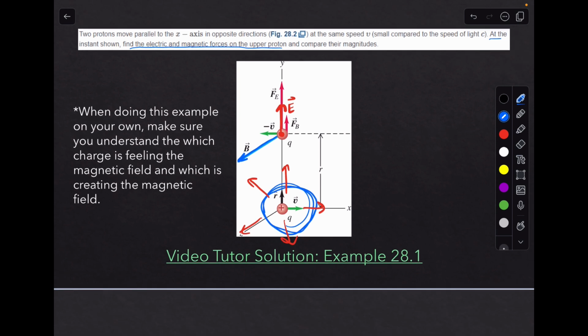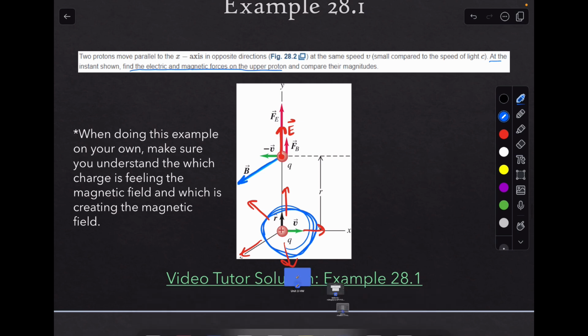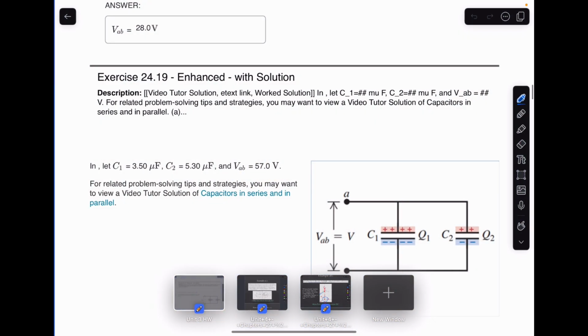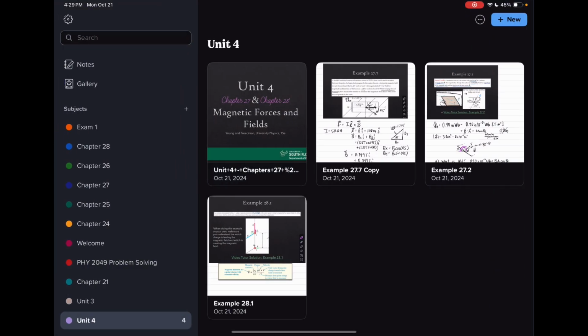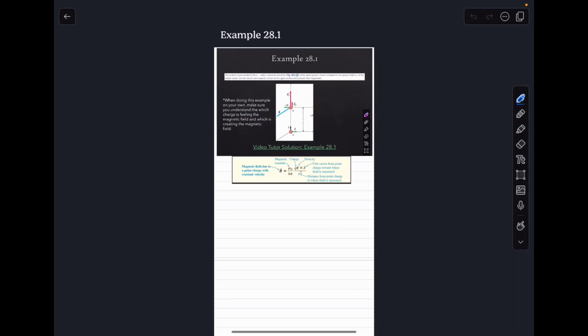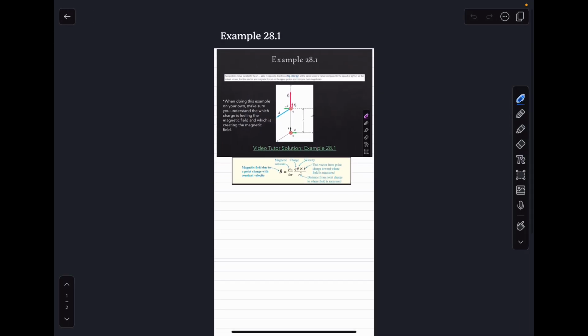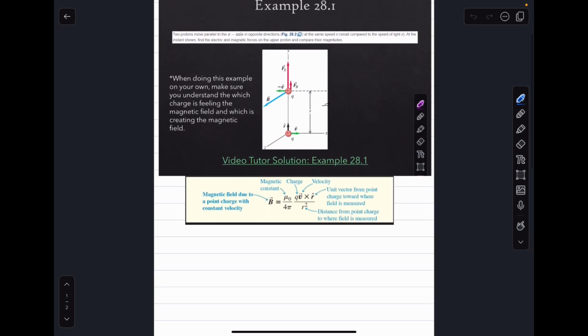So let's do this example. Here we go, 28.1. We want to find the force due to the magnetic field and the force due to the electric field.